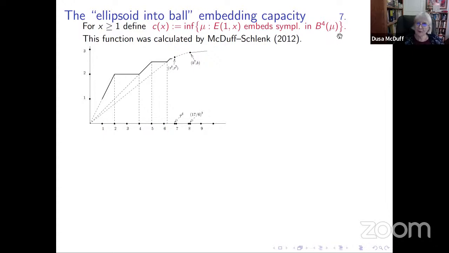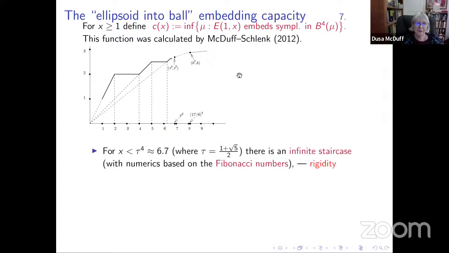And so that means mu has to be bigger than the square root of x. So you have those things, but we thought it would just be some kind of increasing function. But it turns out to have this very striking behavior that for x up to the golden ratio to the power four, we have what's called an infinite staircase, so that it goes up in steps like this.